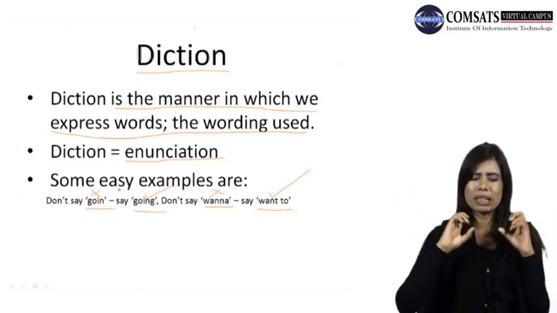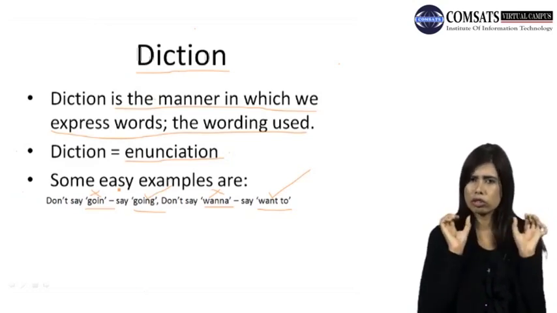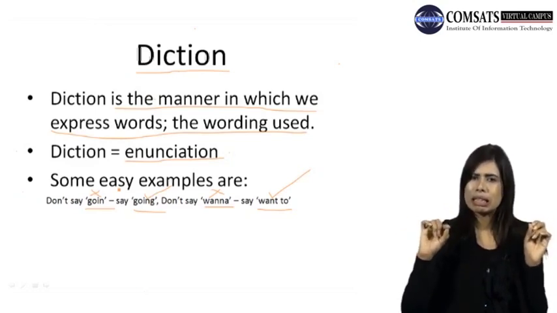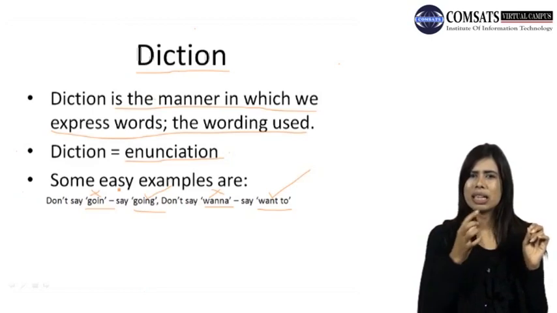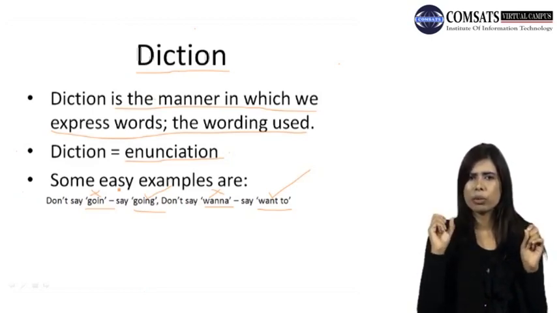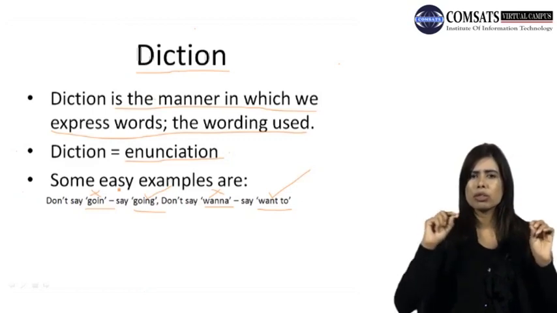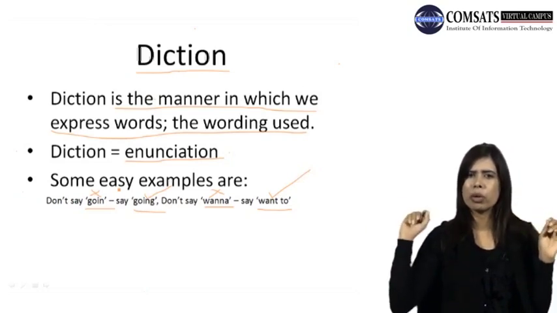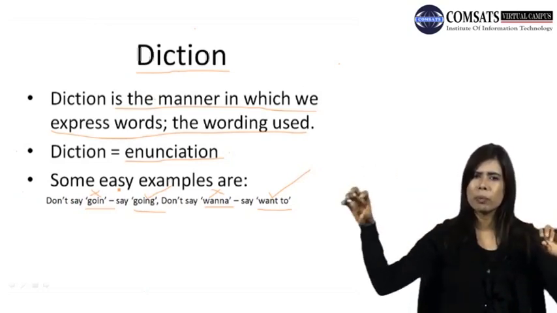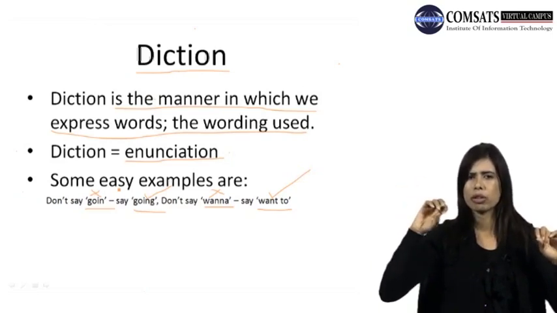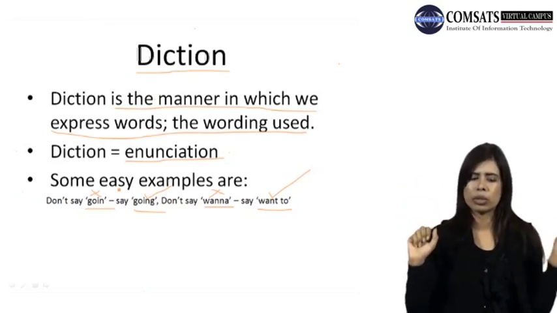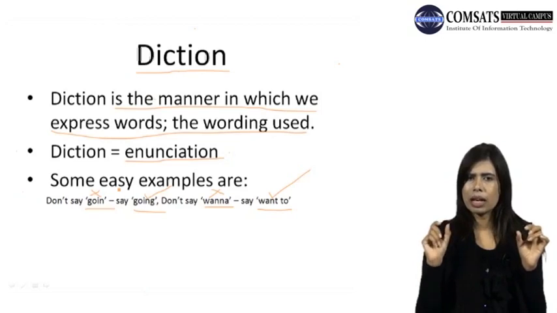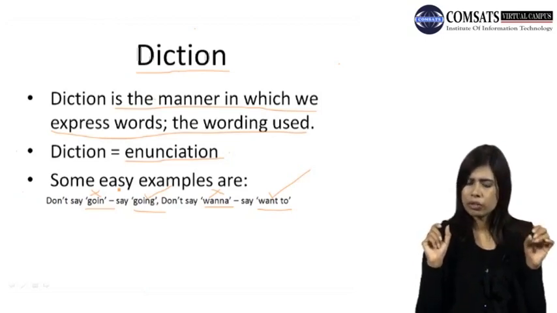Here you can see the word is G-O-I-N-G, and the exact pronunciation is going, and you can feel the g sound at the end of the word as well. But if you just say goin', you are omitting, deleting one sound at the end of the word, and it can be confusing for foreign speakers or foreign learners of the English language. So you have to pronounce sounds separately, and you're not supposed to omit any kind of sound.